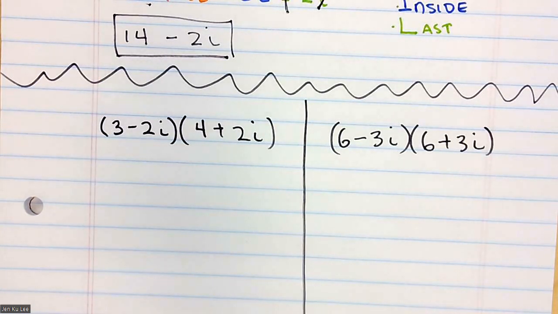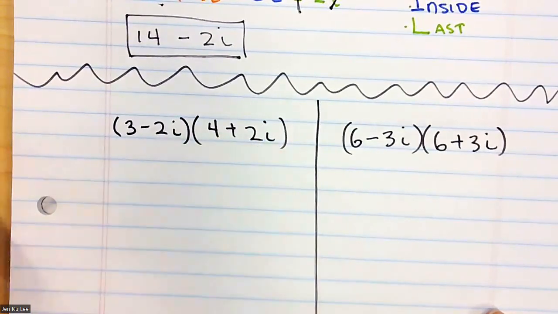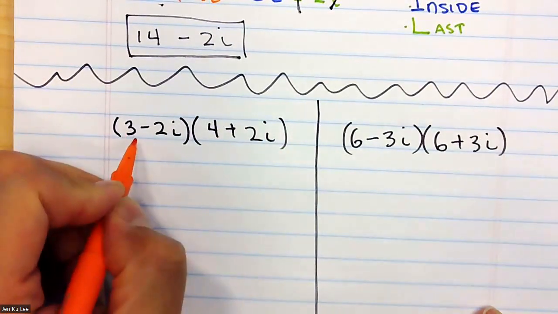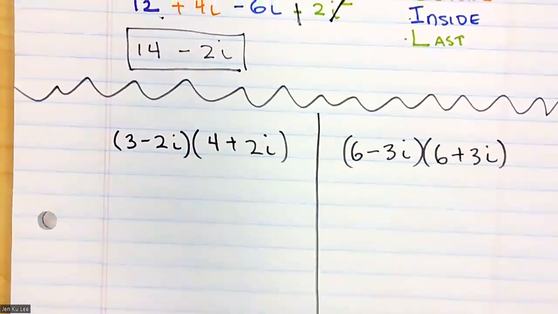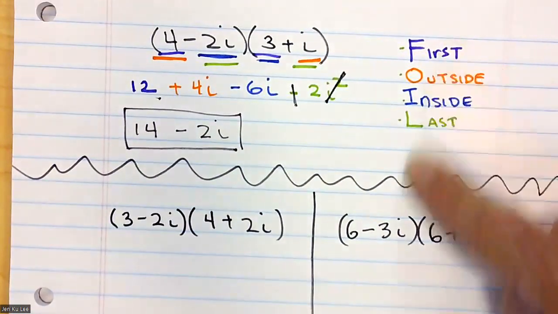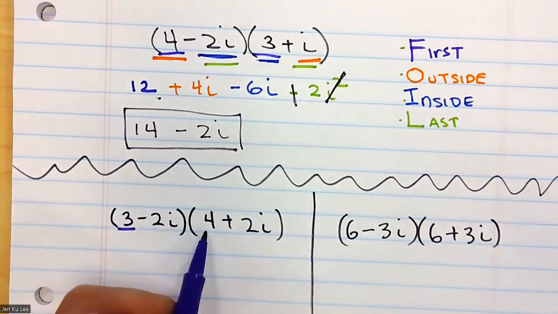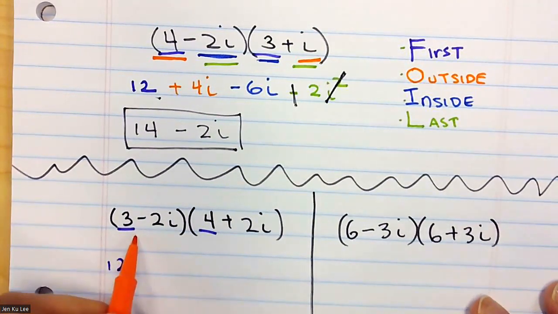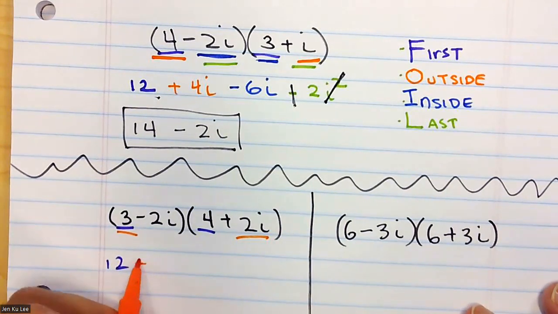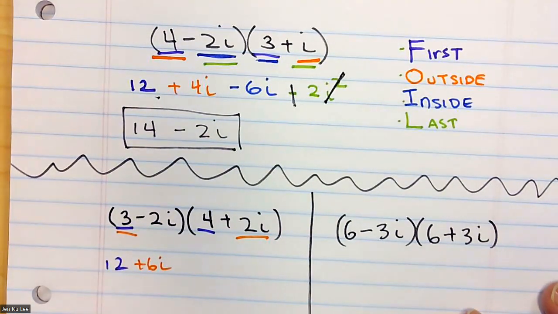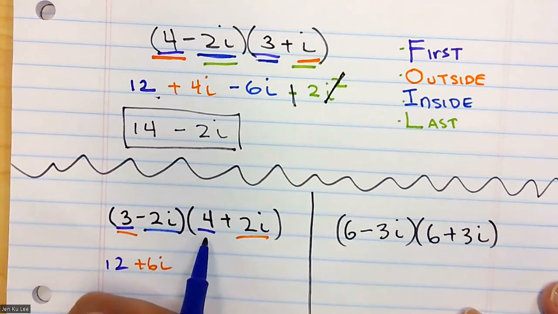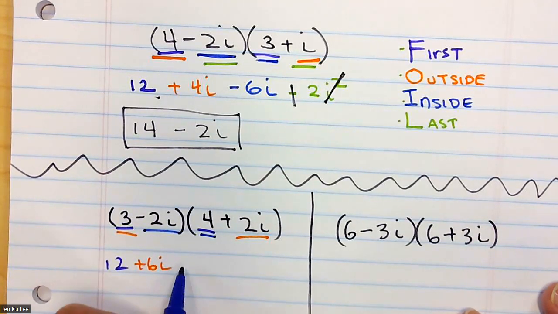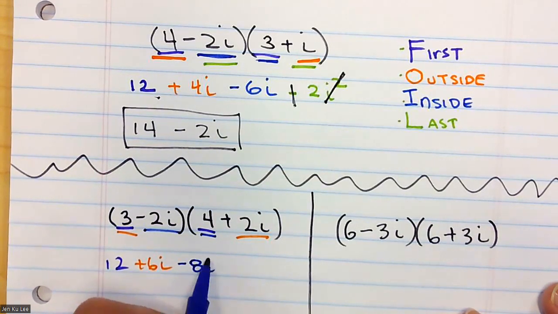Okay. Hopefully you guys did pause it. You guys didn't just fast forward it. So you're just gonna FOIL this out. Let me use the same colors as before. So 3 times 4, that's 12 again. Outside, that's 3 times 2i, that's positive 6i. Inside is negative 2i times 4, that's negative 8i.